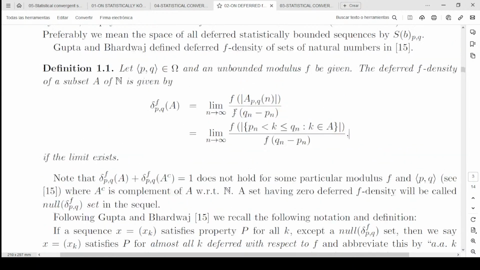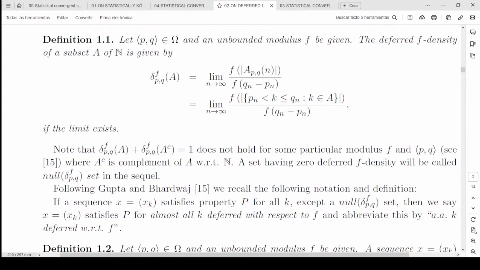This concept was given by Gupta and Bhardwaj, and as Aizpuru and others' first paper from 2014 remarked, this equality does not hold for some particular modulus functions.